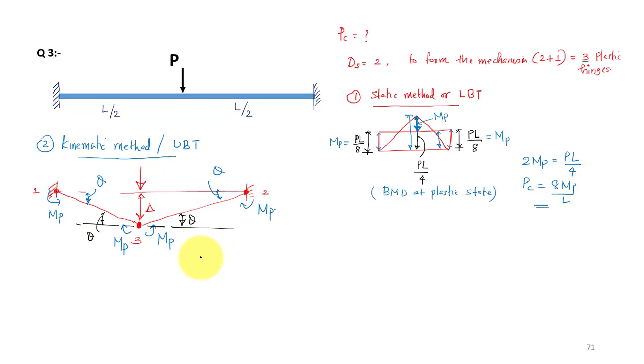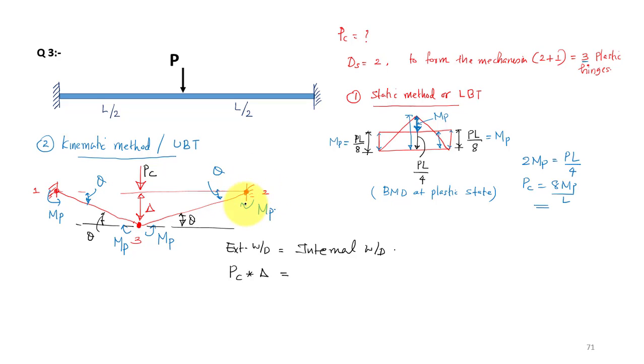So you can use the work principle: external work done equal to the internal work done. The external work done is PC into delta. So PC times delta is equal to the total internal work done, that is the plastic moment into the corresponding theta. Here I have 3 plastic hinges, so I have to take all of them.